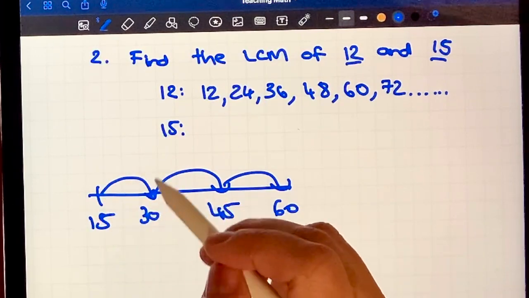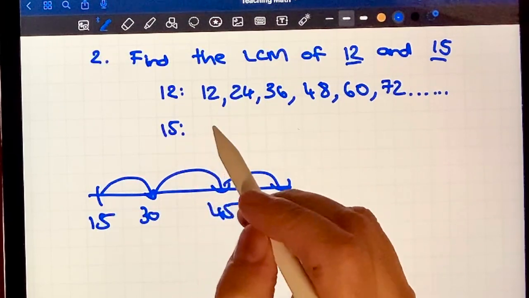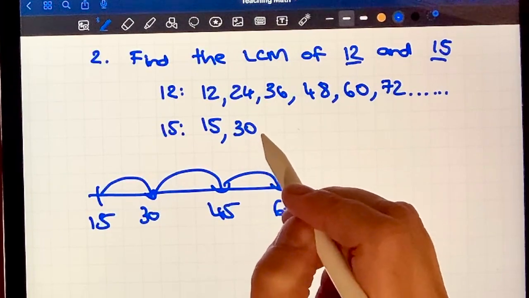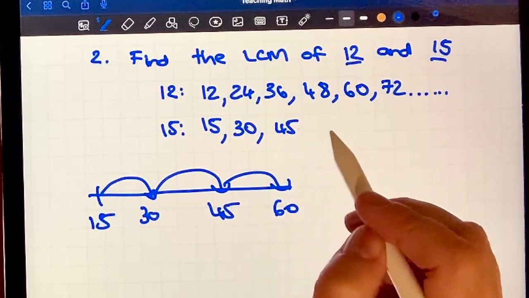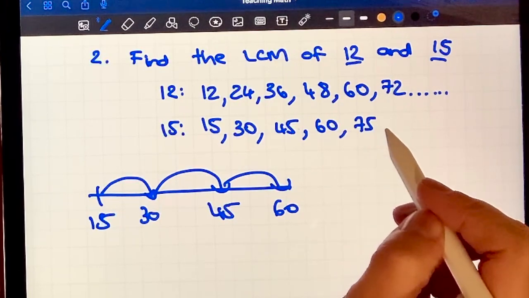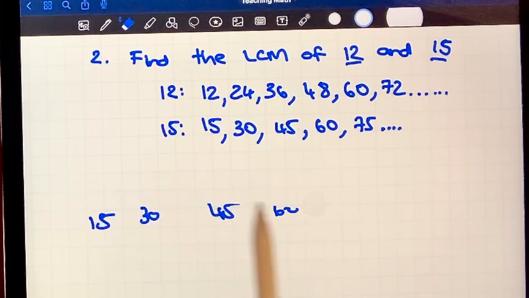So I'm skip counting in 15s: 15, 30, 45, 60, 75, and there's no need to go any further.